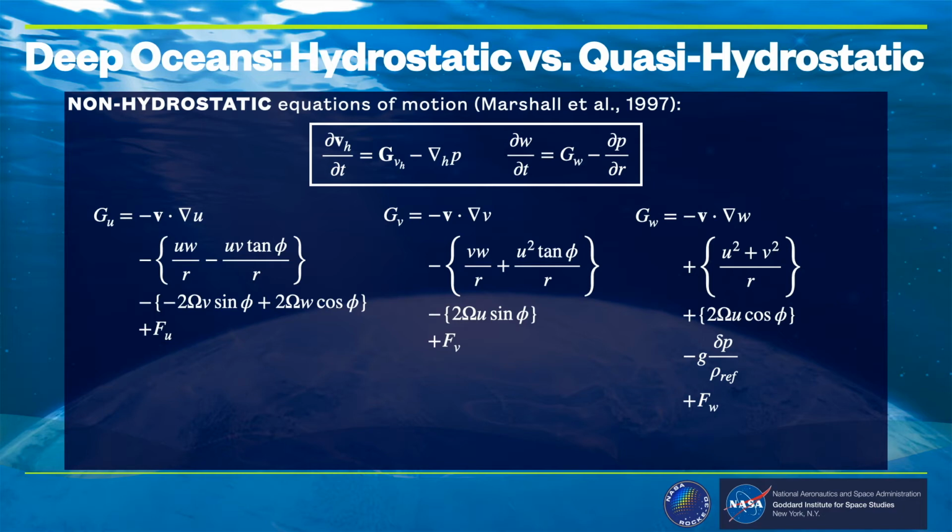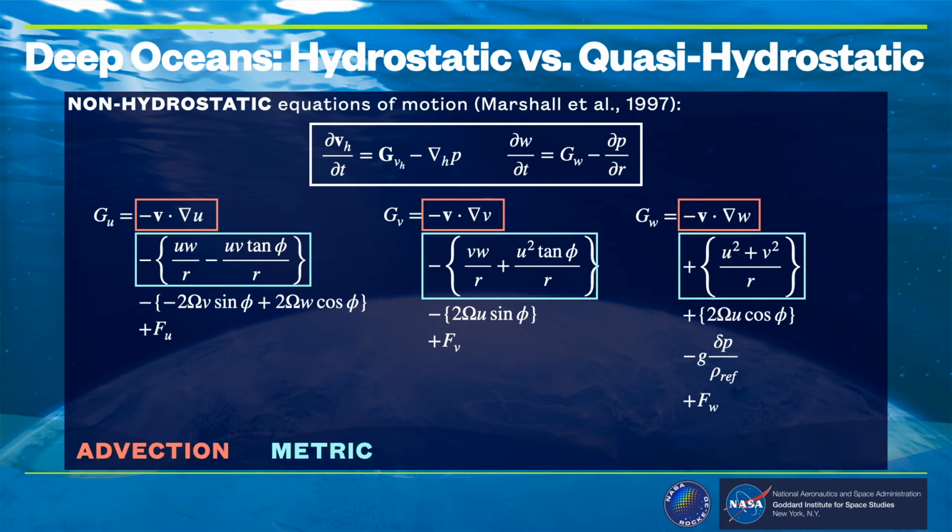And they were developed starting from the non-hydrostatic equation of motion in spherical coordinates that we have here in the top rectangle for the horizontal component of the velocity on the left and the vertical velocity w on the right, with expressions for Gu, Gv, and Gw below that contain the advection, metric, Coriolis, and forcing terms.